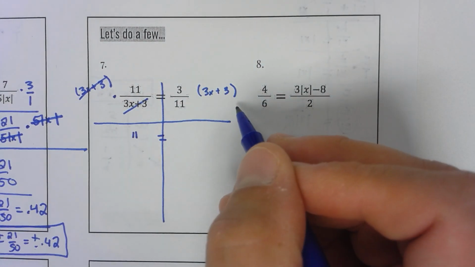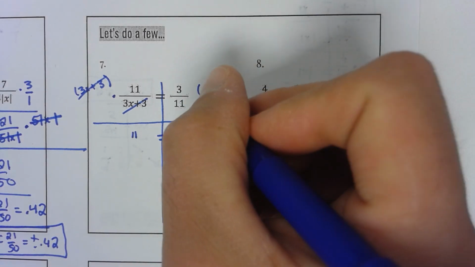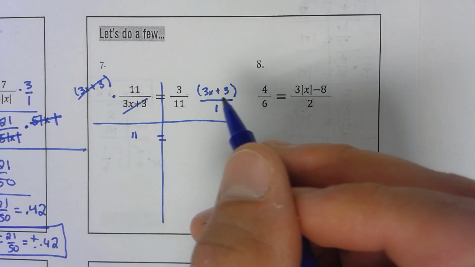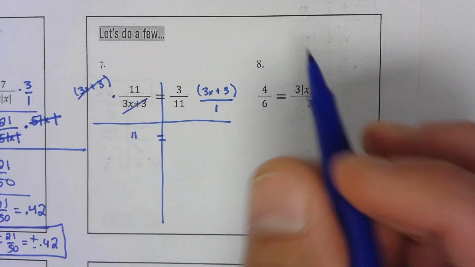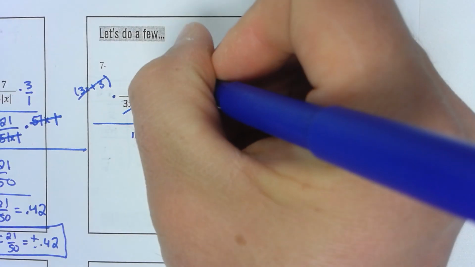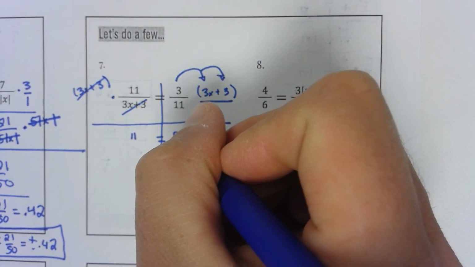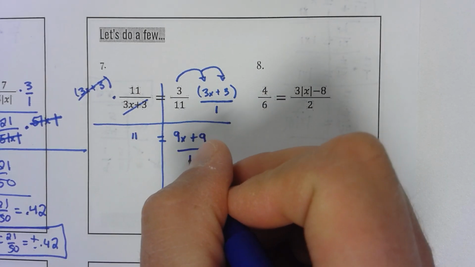But on the right side, this 3x plus 3 needs to multiply to this entire fraction. So maybe I put it over 1. That way I know that I'm still multiplying the numerators together and the denominators together. So I need to do 3 times the 3x plus 3, which has us distributing. So that's 9x plus 9, and it's still being divided by 11.